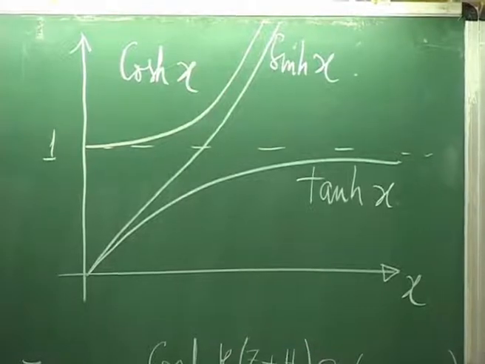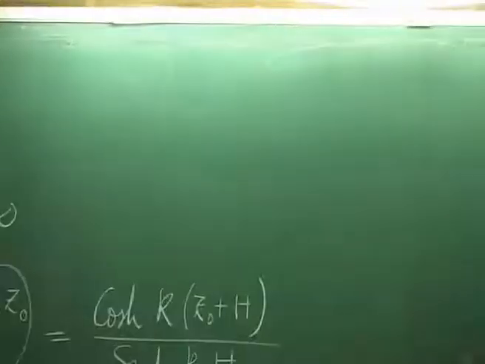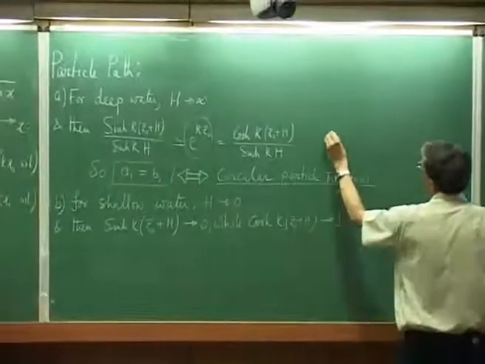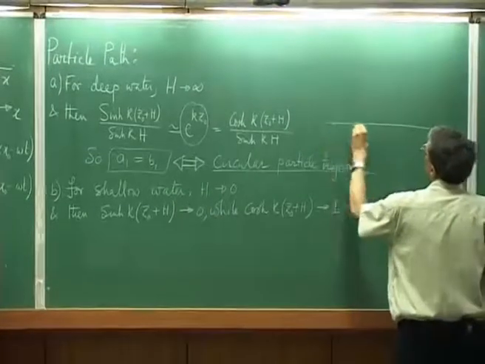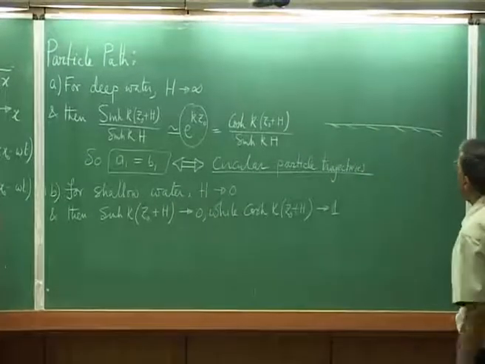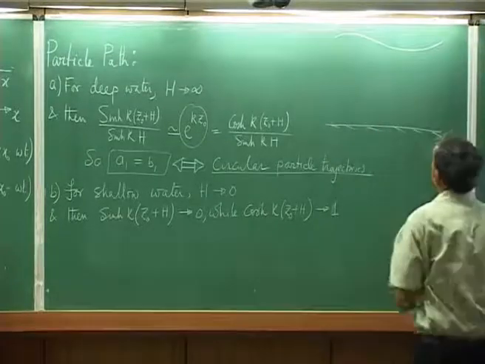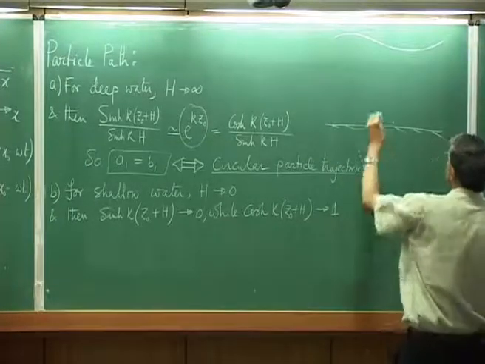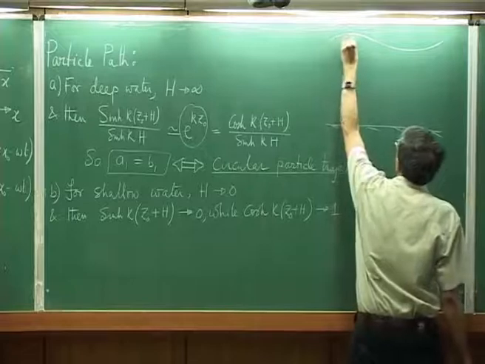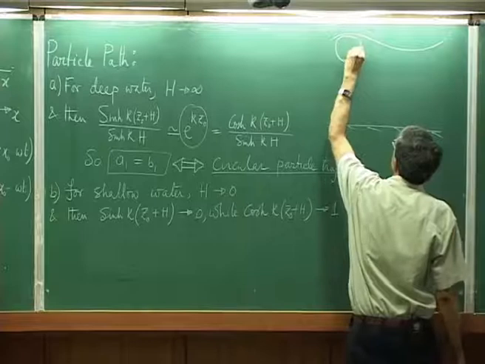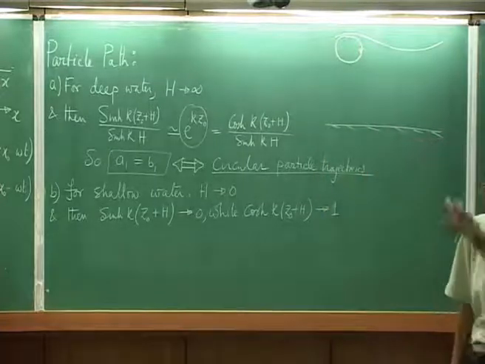So, what you get in a sense is circular particle trajectories. If I were to plot these particle trajectories, this is the bottom of the bed and this is the surface gravity wave, then what you are going to see is a clockwise trajectory.